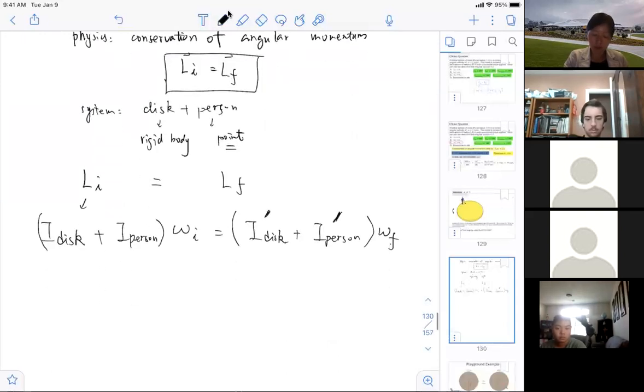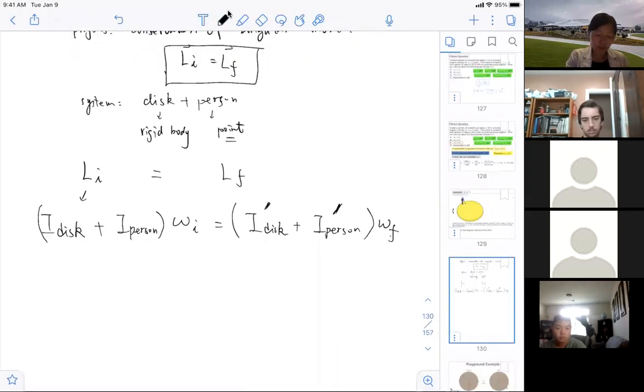Okay. So what is I initial of the disk? It's 1/2 mr squared, right? So it's going to be 1/2 the mass of the disk, times the radius of the disk, r squared. Both of these are given quantities, but I'm not going to plug in numbers yet. I want to see what I can cancel before I plug in numbers.